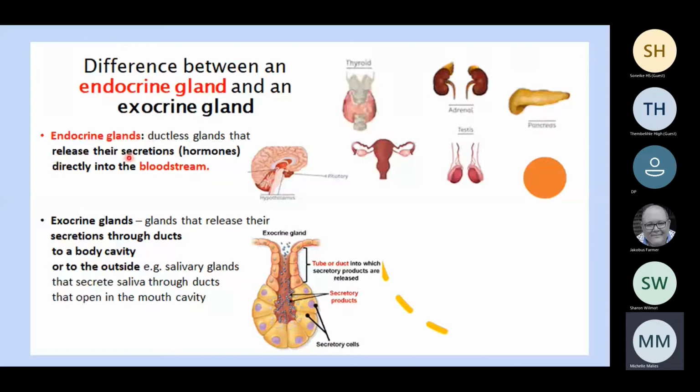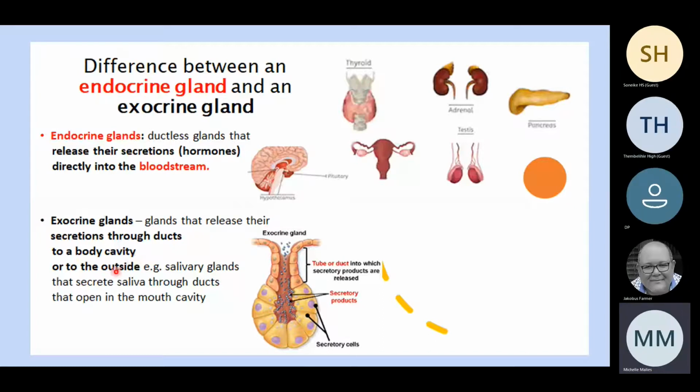I want you to highlight in your package, they are secreting hormones directly into the bloodstream. Exocrine glands are glands that release their secretions through ducts to the body cavity or outside. Example, salivary glands that secrete saliva.